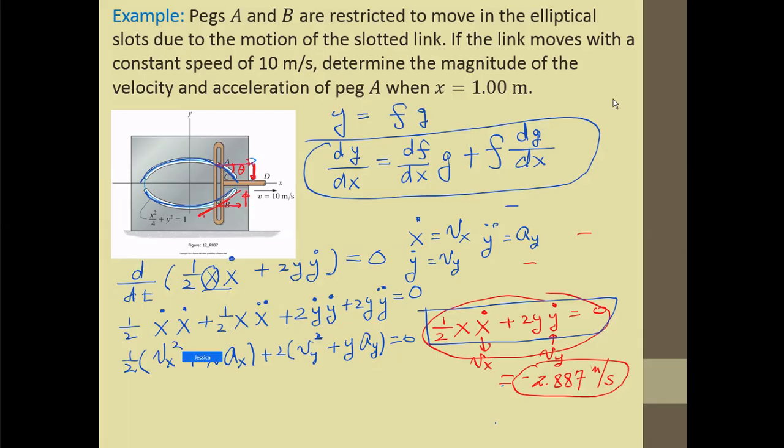All right, this is it. Now we solve for it. The velocity x component was constant, given already as 10.